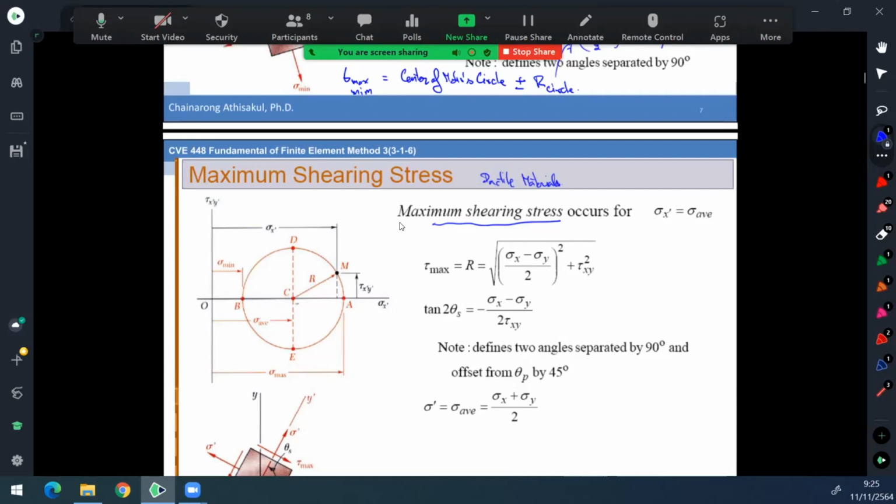And for shear stress, the maximum shear stress actually is the radius of Mohr circle, along that plane. When we would like to find the maximum shear stress, if we understand Mohr circle, maximum shear stress is the radius of Mohr circle.